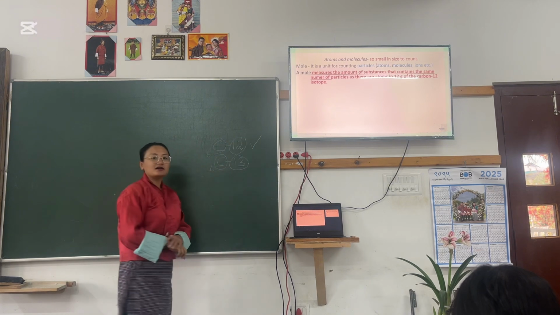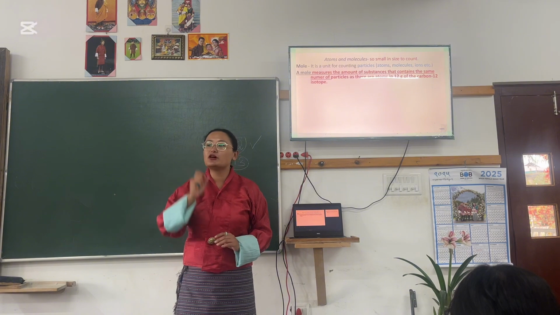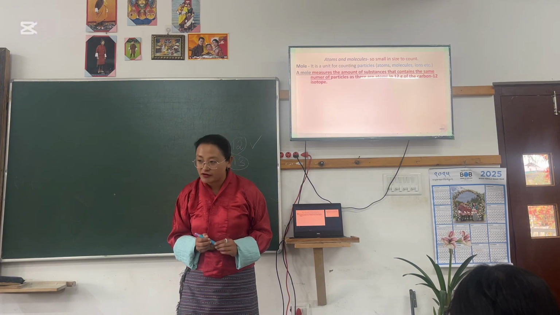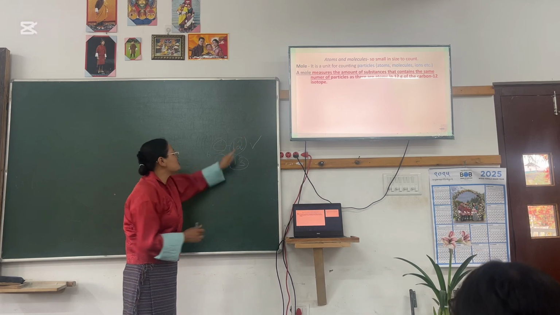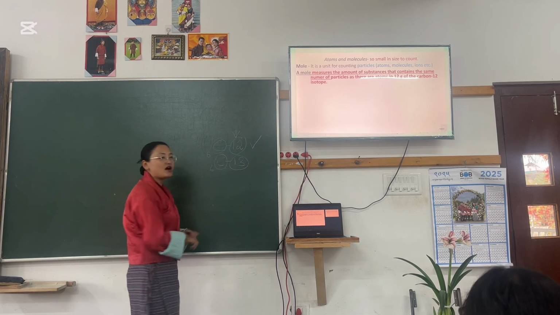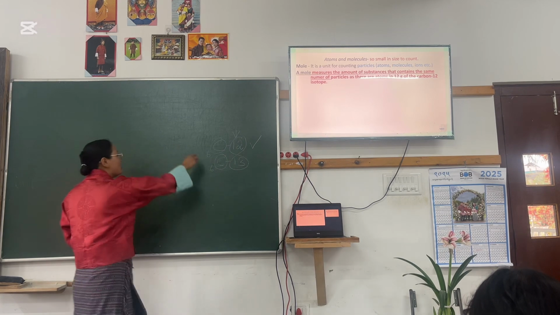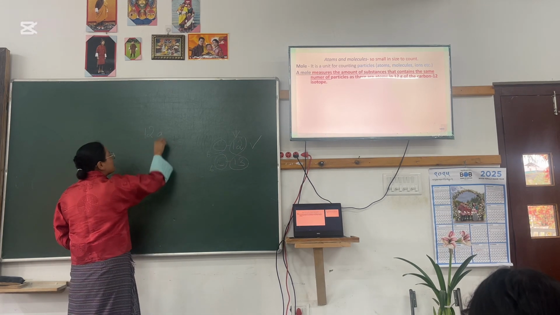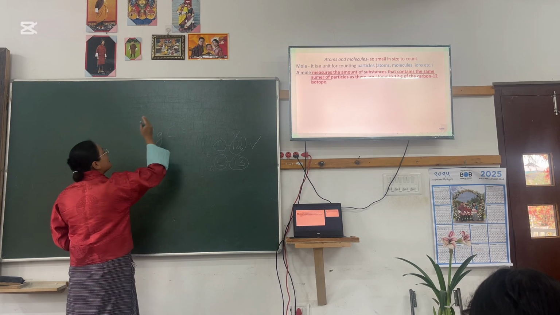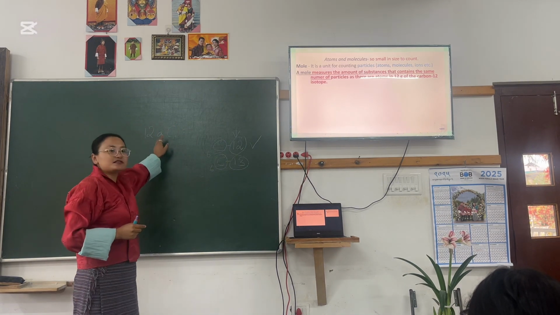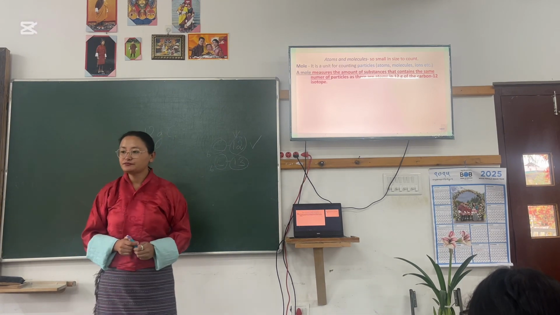Remember the relative atomic mass, how the carbon-12 isotope was used as a reference. So in this case also, carbon-12, meaning the mass is 12 grams, right? How many carbon atoms will be there in 12 grams of carbon?